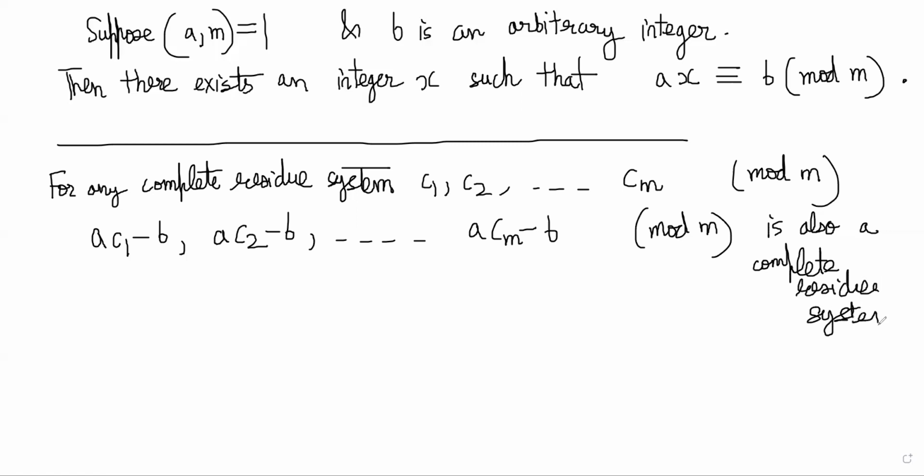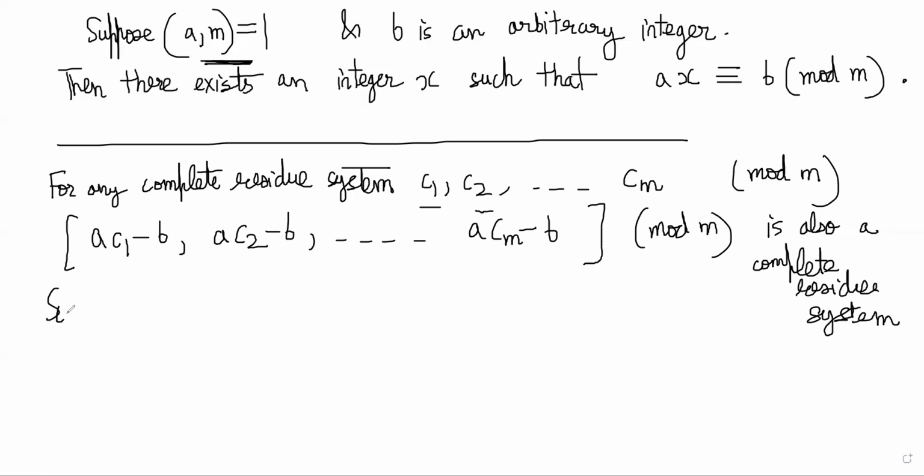Right? Because the question itself has said that GCD of a and m is 1. So we are just using the property that you multiply a with all of these residues and plus or minus a b, that is an arbitrary integer. So this still forms a complete residue system.